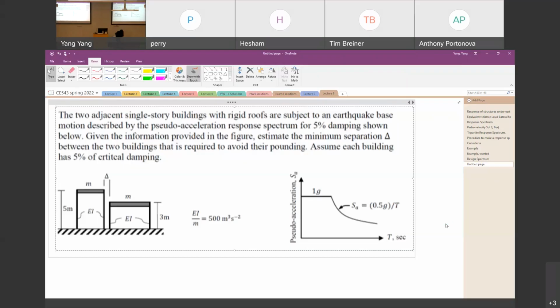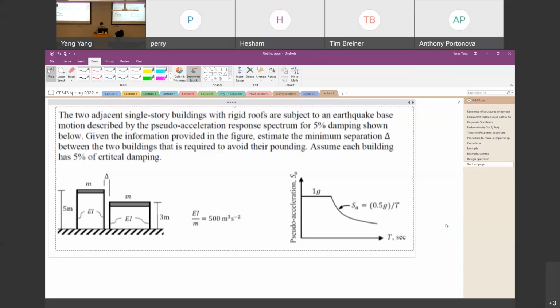So what is the maximum separation that the two buildings need to have? We know that EI over M is given in this case. So what is the maximum separation those two buildings need to be designed for?